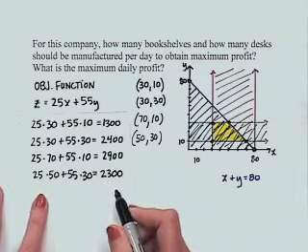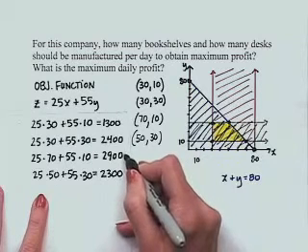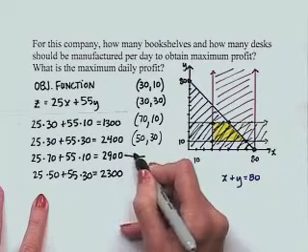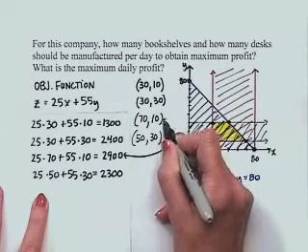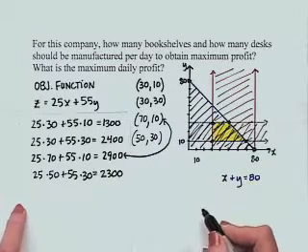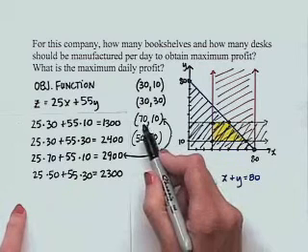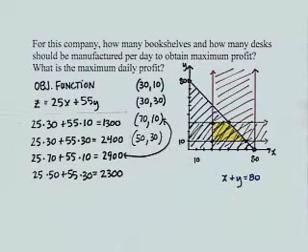All we now need to do to answer the question is to notice that in order to get the maximum profit, we're going to have to be looking at this case. That was related to the point 70, 10, and we can interpret that by saying that we should manufacture 70 bookshelves and 10 desks for our maximum daily profit of $2,900.